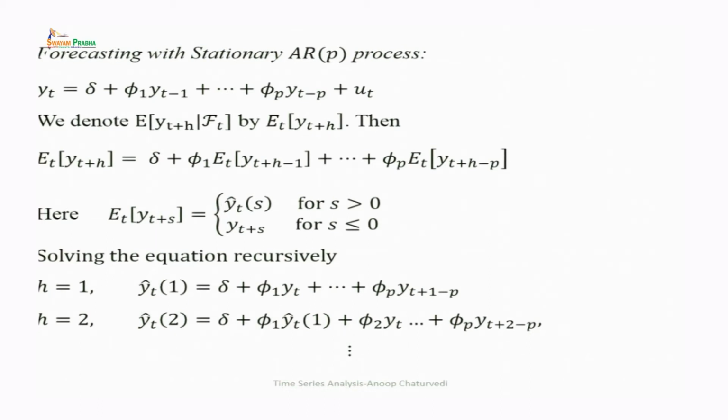Then E t of y t plus h is equal to delta, which is a constant, plus phi 1 E t of y t plus h minus 1, you just replace t by t plus h, plus and so on plus phi p E t of y t plus h minus p. And of course, the expectation of u t plus h given F t is equal to 0.